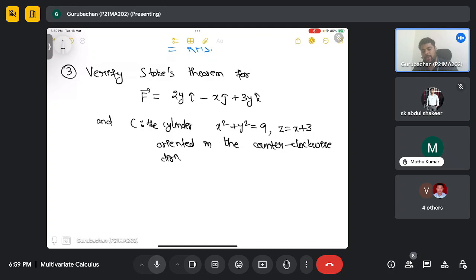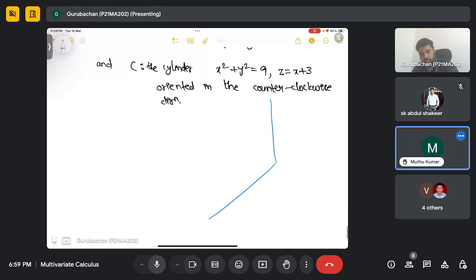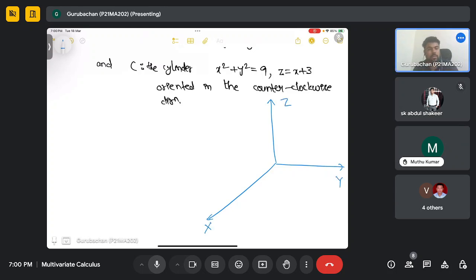Suppose I roughly draw this one: X, Y, and Z. So this x square plus y square equal to 9 will give you a circle in the XY plane of radius 3.